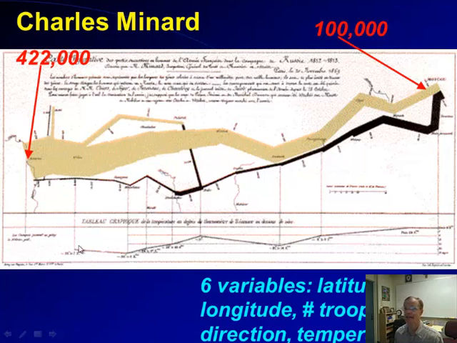We have date going across here. We have temperature going across here, it's getting colder as time goes on. We have direction. The light color is moving on the graph. This is east, and then the black is moving west. Okay, so by the time that we reach Moscow, there's only 100,000 troops left.